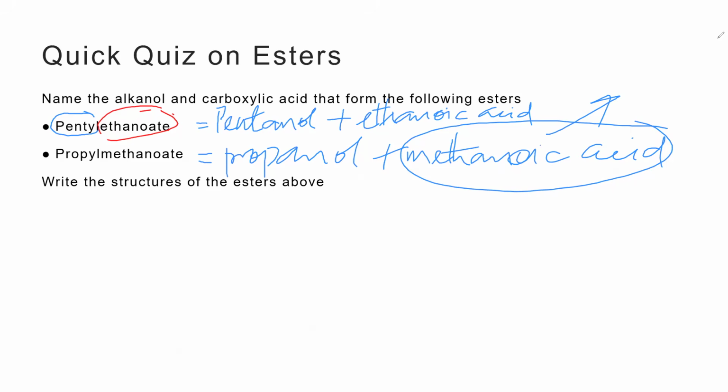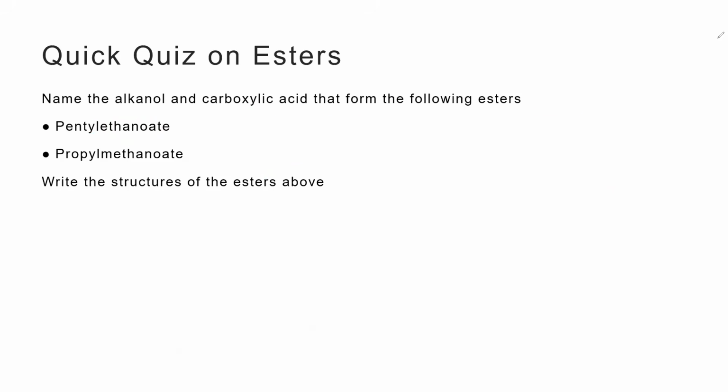So let's look at the second question. It says, write the structures of the esters above. Now, two things you need to know about the esters. You must know the alkanols and carboxylic acid that form them, and you should be able to write their structures. The rule for writing structures of esters is to start from the ending part of the name. Since it is ethanoate, eth means 2 carbons.